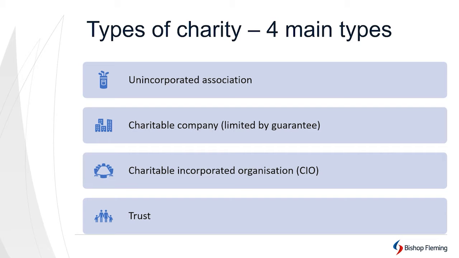The final type of charity, which we don't see so often but is still very much a type of charity, is trusts. Trusts are usually set up to put some assets aside for a charitable purpose. The advantage of a trust is that they do not have to set charitable objectives when they're set up. Effectively, charitable purpose as a whole can be their aim.